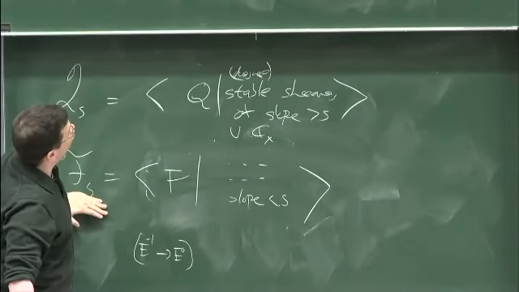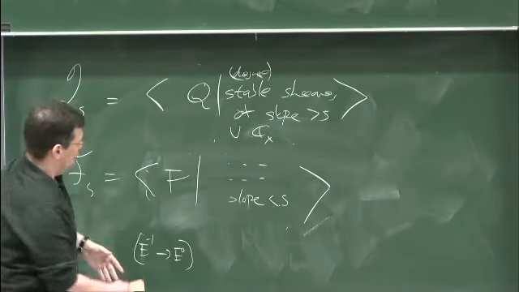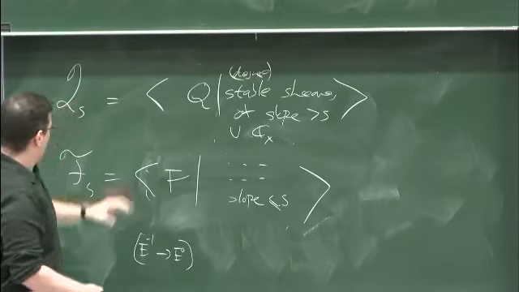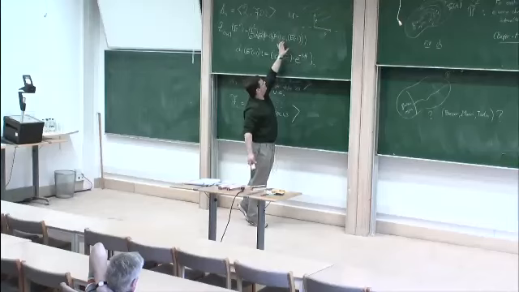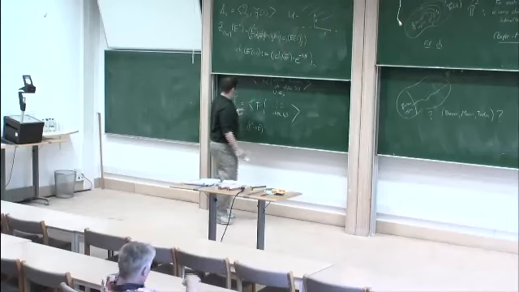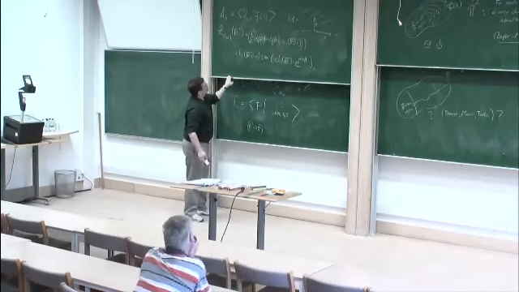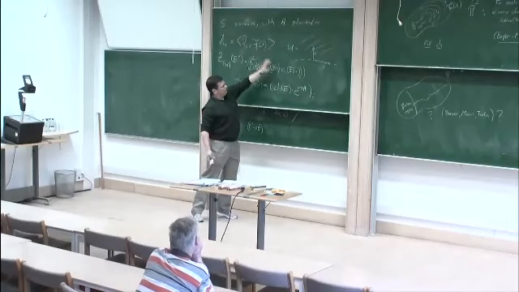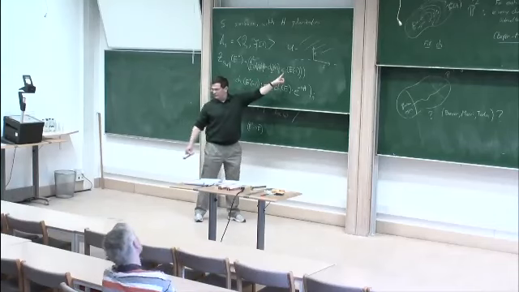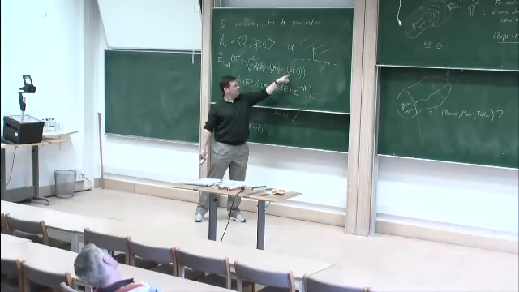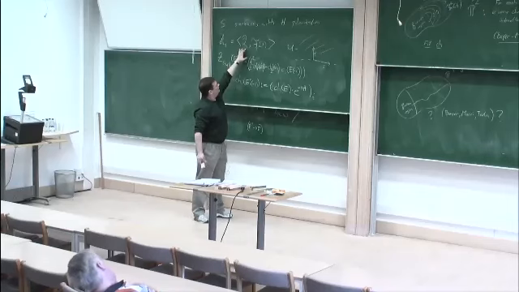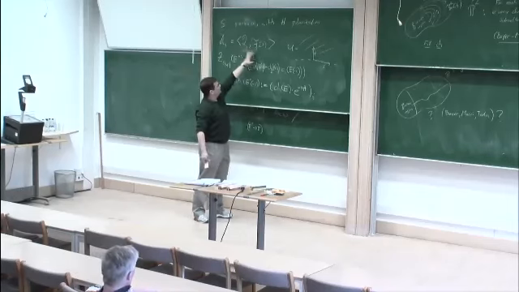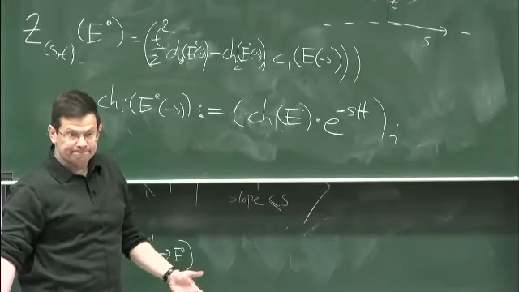Objects of F have twisted first Chern class less than or equal to s, but since I am shifting these objects by 1, that switches all the signs, and so this becomes positive. So this first Chern class of E minus s is positive both for objects in here and all the components that they're built out of, and objects in here.